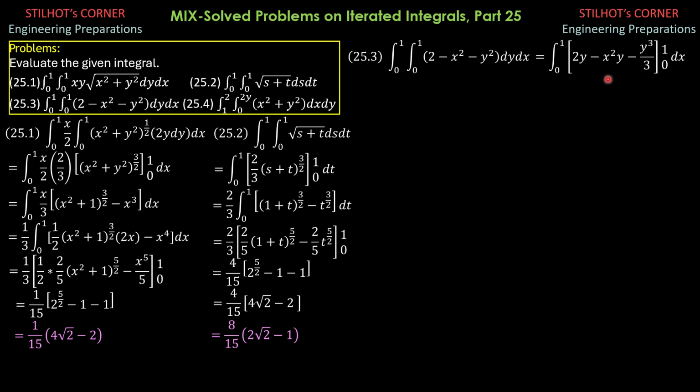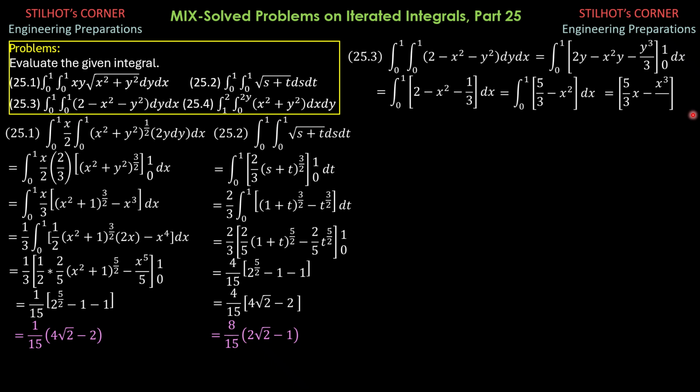So integral 0 to 1 of 2 minus x squared minus 1/3, then lower limit 0. So this is integral 0 to 1 of the quantity 5/3 minus x squared dx. That would be 5/3 x minus x cubed over 3 from 0 to 1. So that would be 5/3 times 1, so 5/3 minus 1/3 minus 0, lower limit 0. Then it is 4/3.